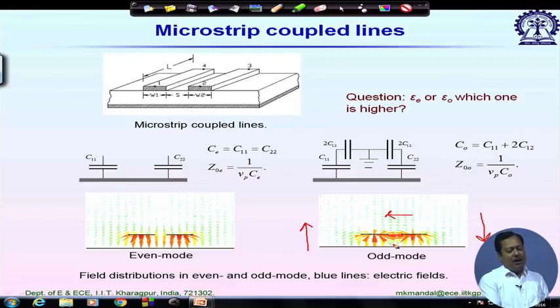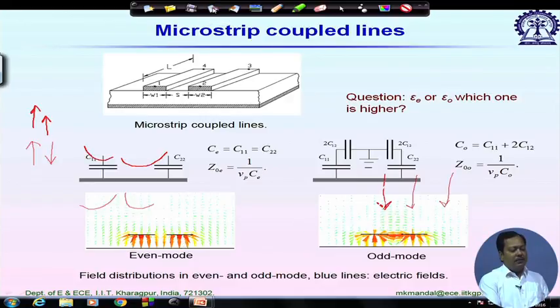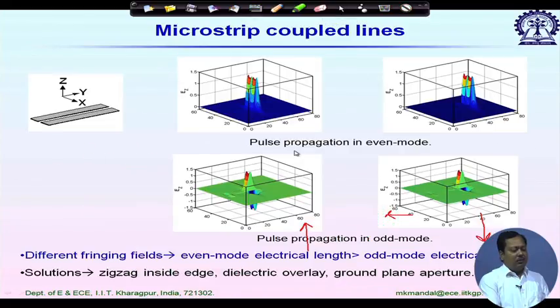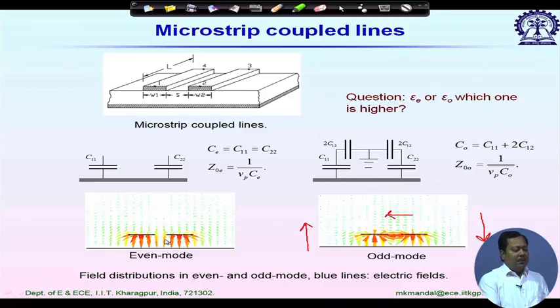So, now one interesting phenomenon we see, if I compare the electric field plots for these two cases: on the left hand side we have the electric field mostly confined inside the substrate, and on the right hand side the fringing field is more in air. Now, if I calculate epsilon E for both of these two cases, obviously it will be different.